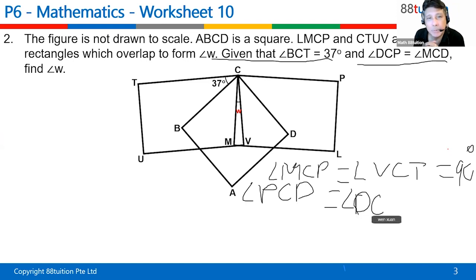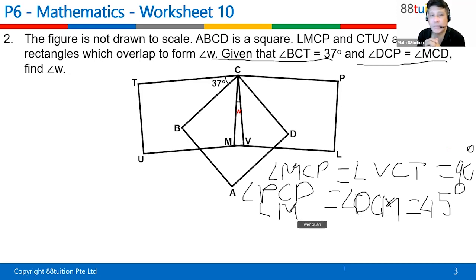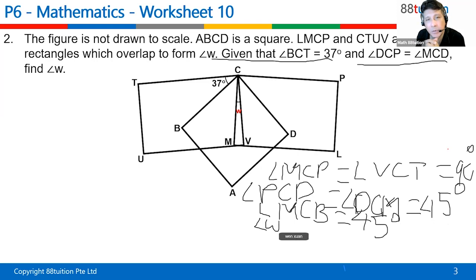Yes, it's 90 degrees. That's correct. Okay, so angle PCD is equal to angle DCM. Yes, that is 45 degrees because it's actually the right angle that has been cut equally into two. So it is 45 degrees. So angle MCB is also 45 degrees.